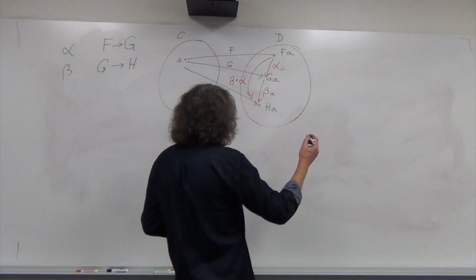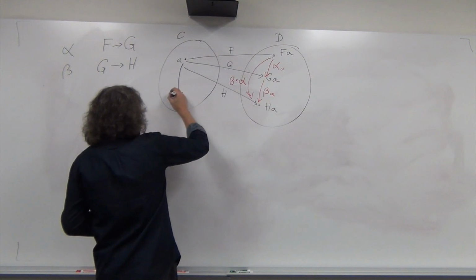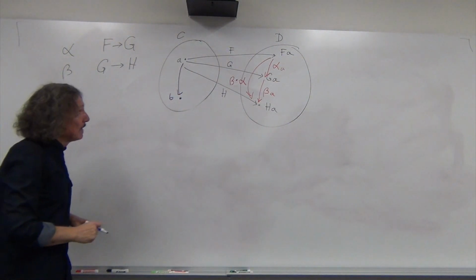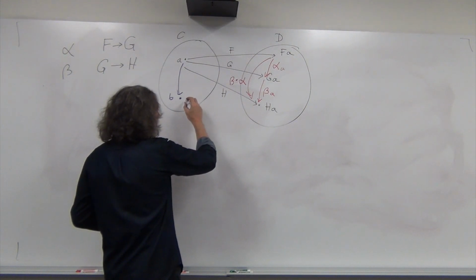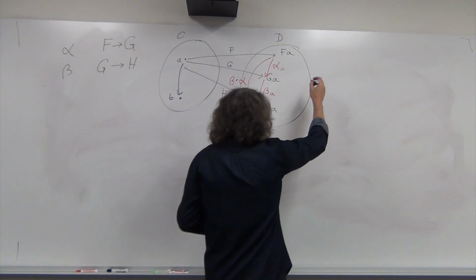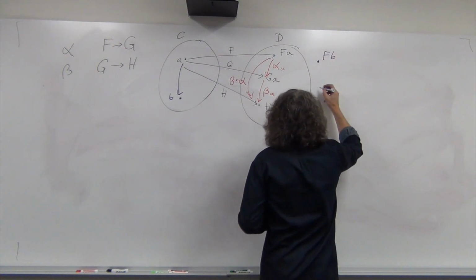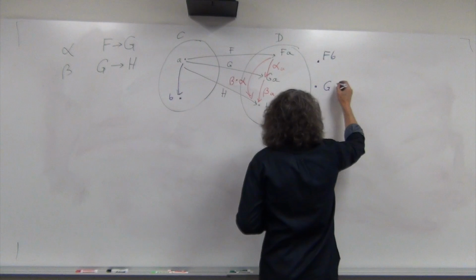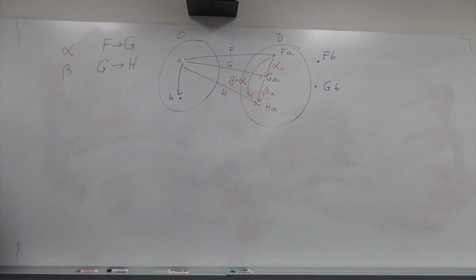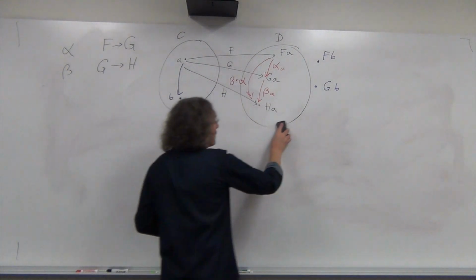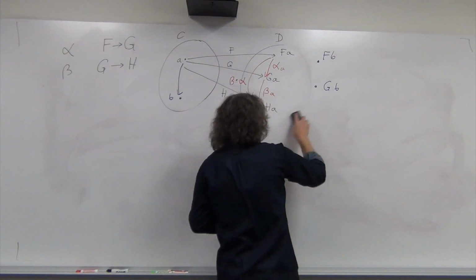So we would have to add another object B. And how do we draw this? So we have FB, we have GB, and I always end up with a category that's too small.